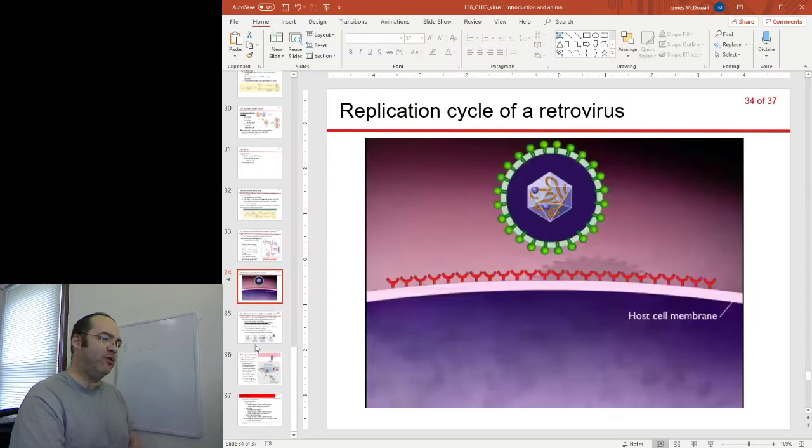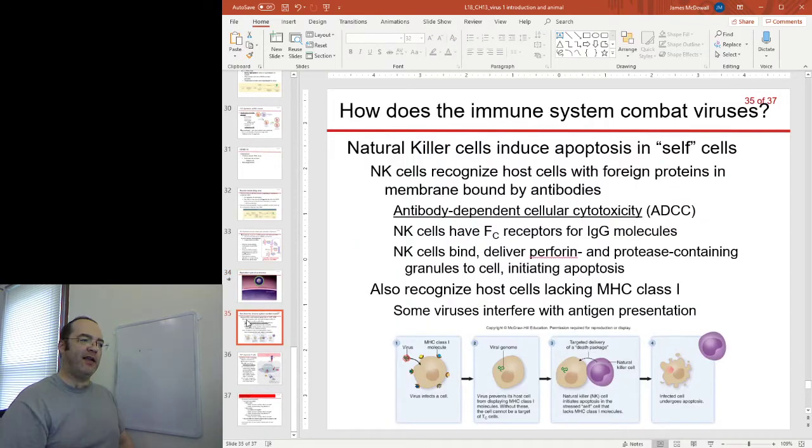The last thing I want to do in this set of slides is to take a look at how an infected cell knows it's infected. How do we fight back against the viruses?